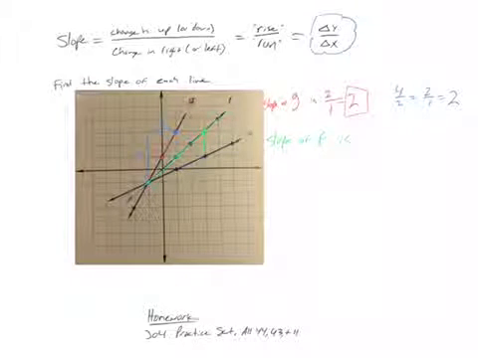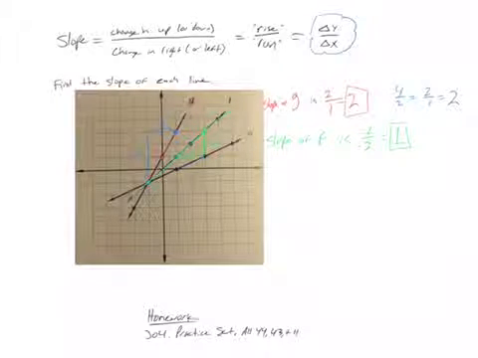Since I'm moving down, it's a negative 2. And then since I'm moving left, that's a negative 2. So the slope is going to be negative 2 over negative 2, which comes out to be positive 1. Because remember, a negative divided by a negative is a positive number, and then 2 divided by 2 is 1.